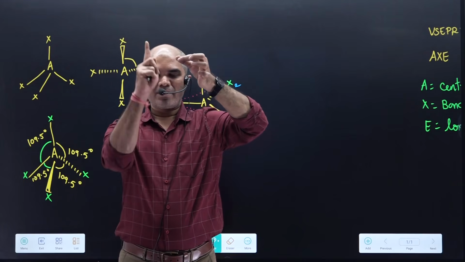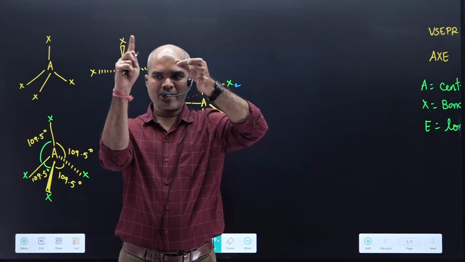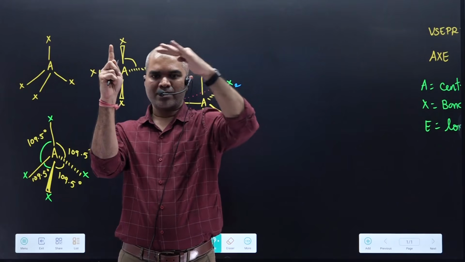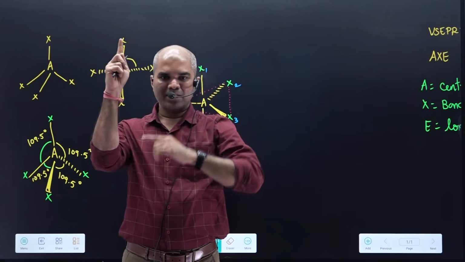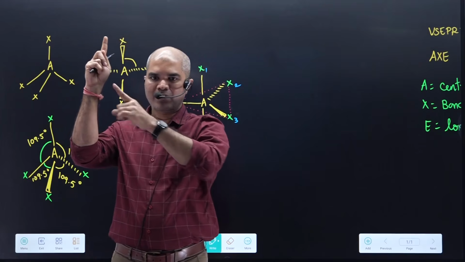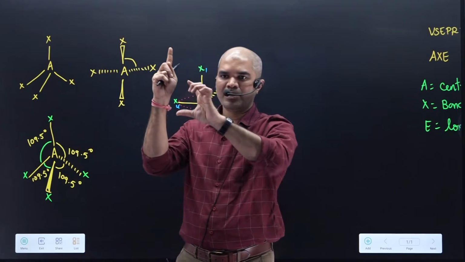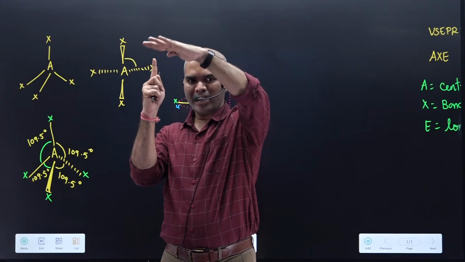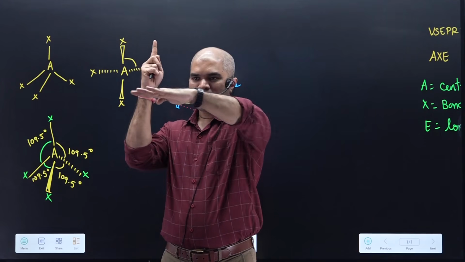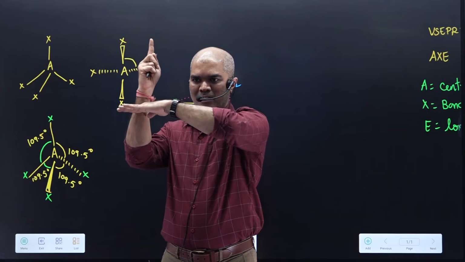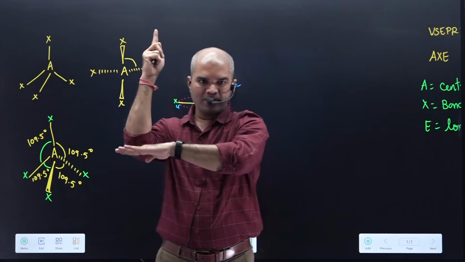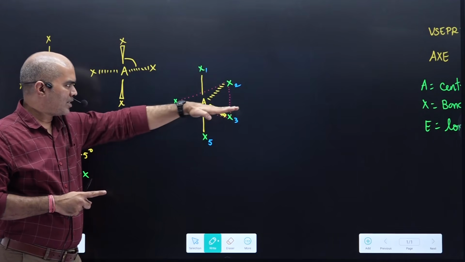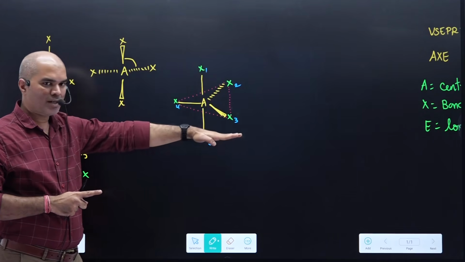With respect to this main axis, consider planes of atoms. Atoms are present in planes. Suppose you consider TBP, after the break I'll bring you the model also. If you are passing a plane, there is one atom in that plane. If you are passing another plane, there are 3 atoms. If you are passing one more plane, there is one atom. First plane, second plane is taking up 3 atoms, third plane is taking up 1 atom.